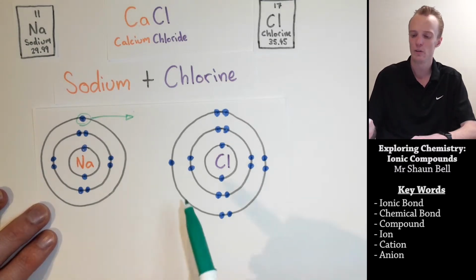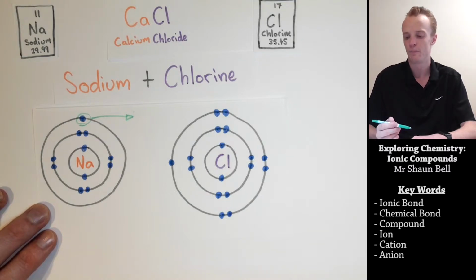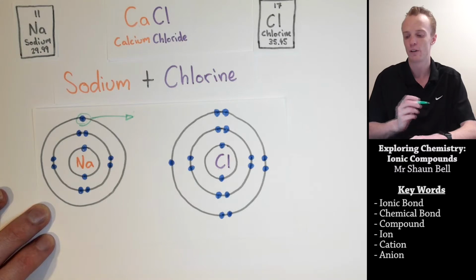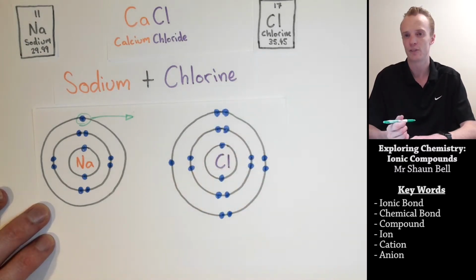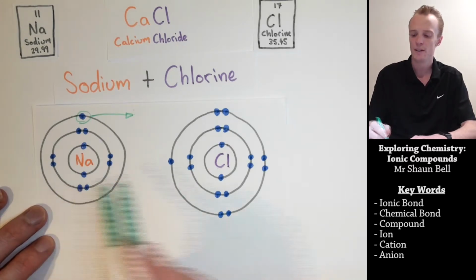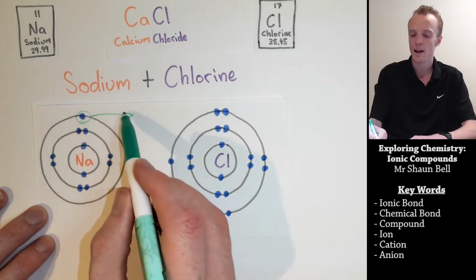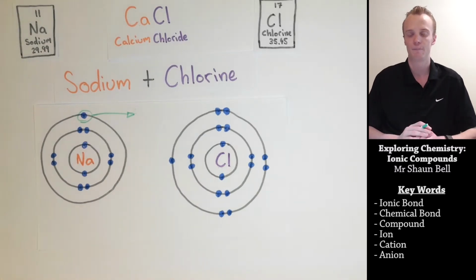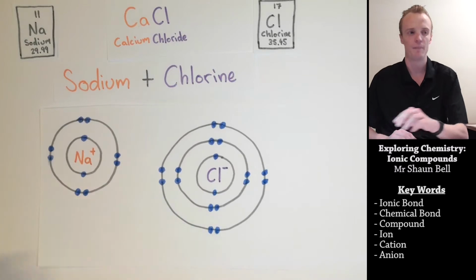Similarly, chlorine over here would like to have a complete outside shell. In this case, it's easier for chlorine to gain 1 electron than try and give away 7 of its outside electrons. So, under the right circumstances, when sodium and chlorine atoms come together, sodium gives away an electron over to chlorine's outside ring, which I've then represented in the following diagram.